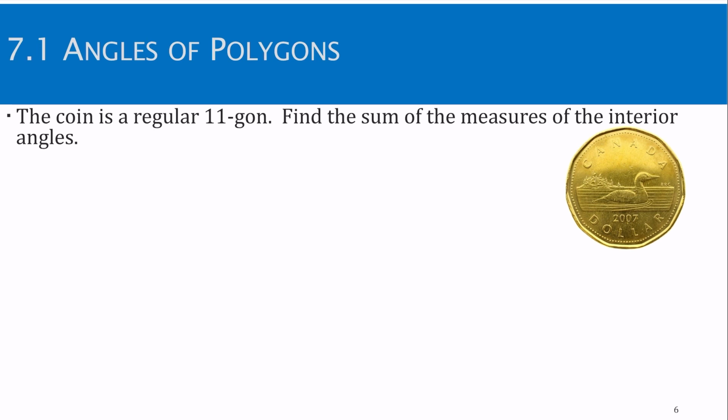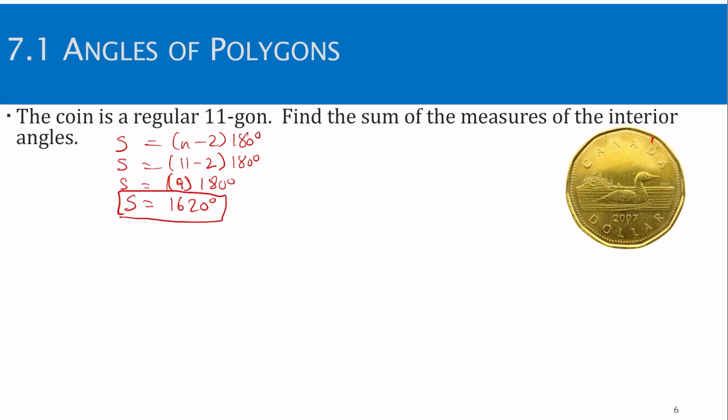So we would have the sum equals n minus 2 times 180. n is 11 because it's an 11-gon. 11 minus 2 is 9. And 9 times 180 is 1,620.